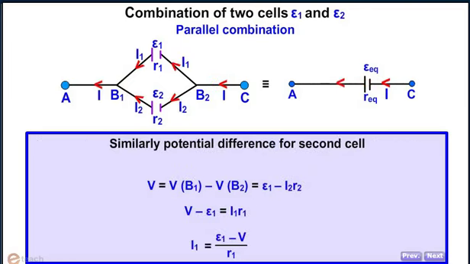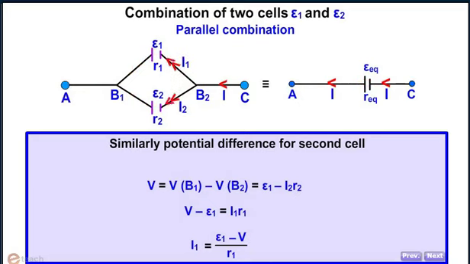Similarly, for the second cell, V equals VB1 minus VB2, which equals epsilon 2 minus I2 R2.